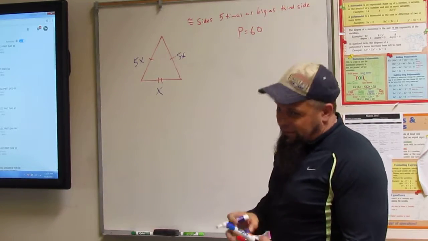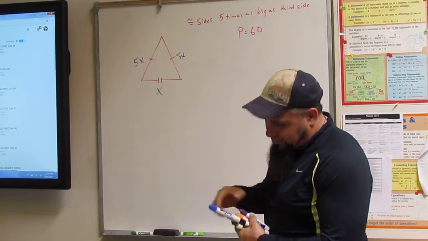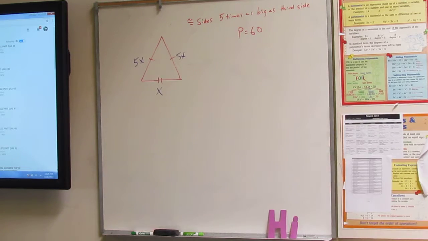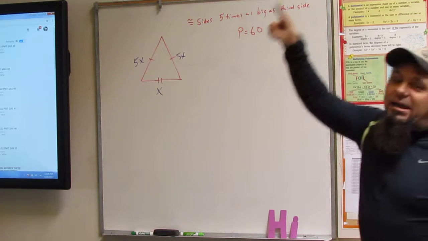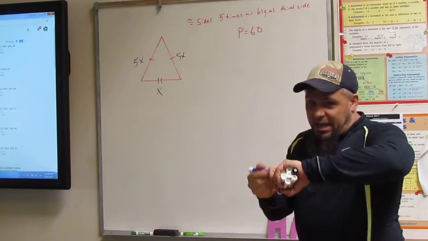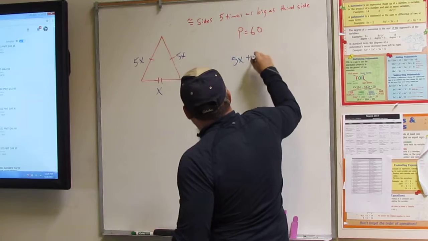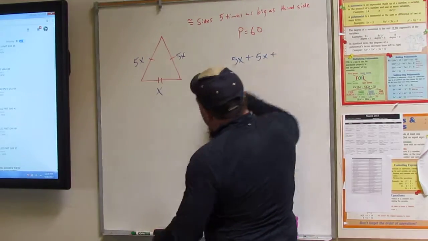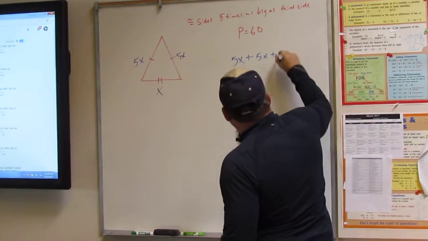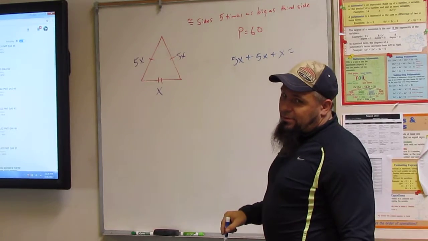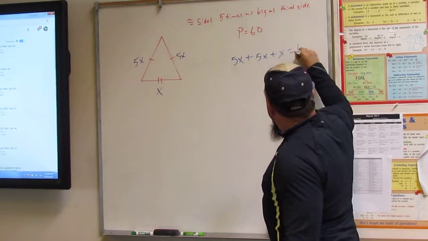Alright, now check this out. Perimeter. What does perimeter mean? Is that the inside or the outside? Outside. Yeah, we're adding it up. So what we're saying is that 5x plus 5x plus x equals 60.